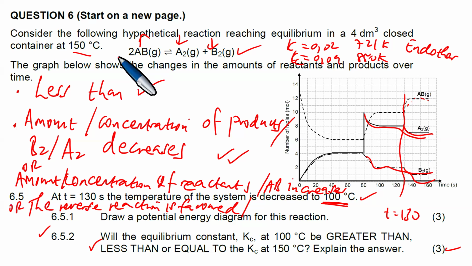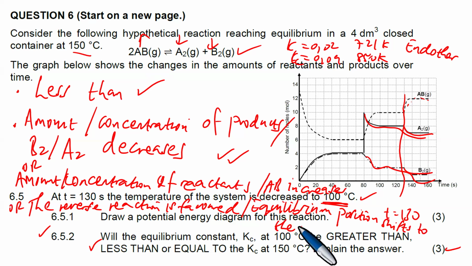Because the reactant increases, or you can go on to say the equilibrium position shifts to the left. The equilibrium position shifts to the left. Okay, the increase in the AB concentration means that the equilibrium position shifts to the left.